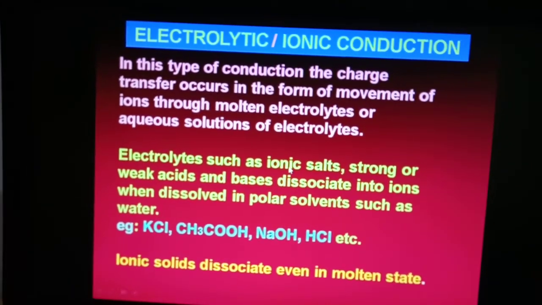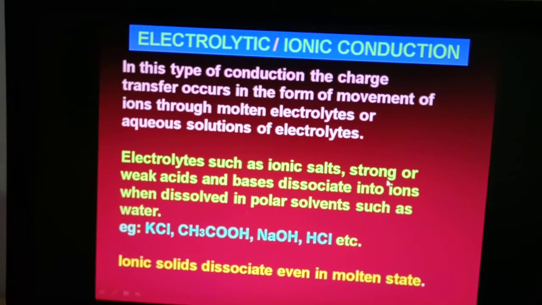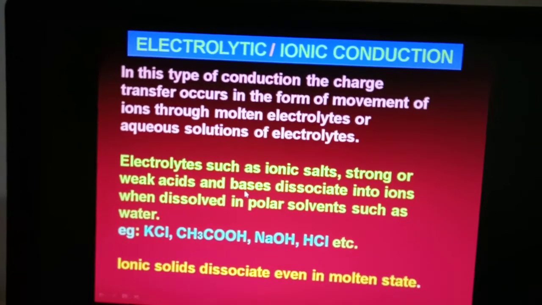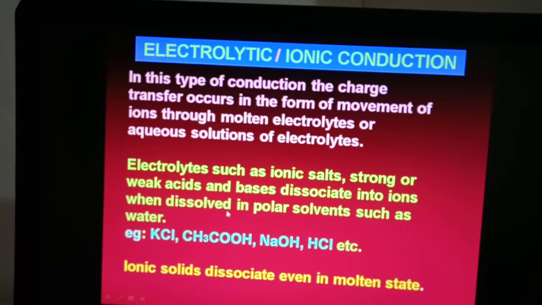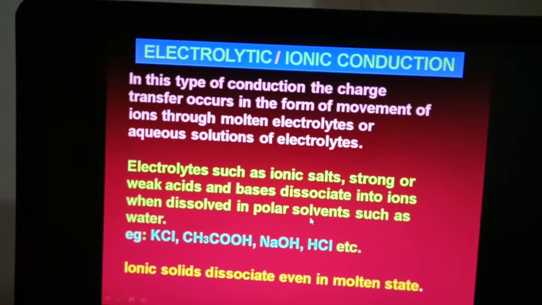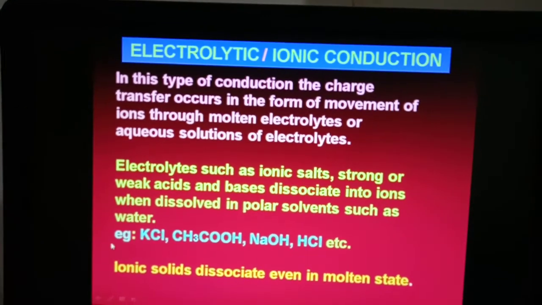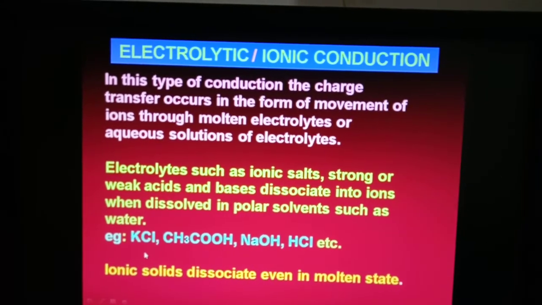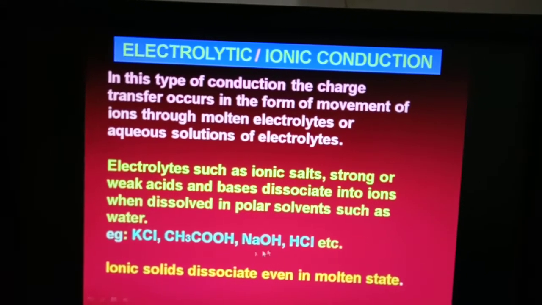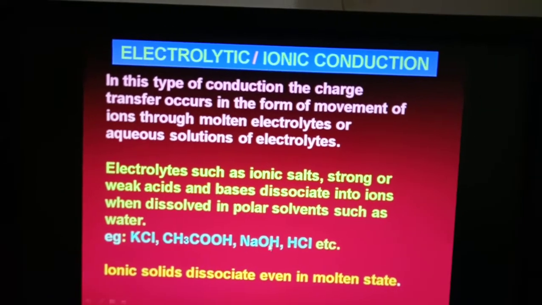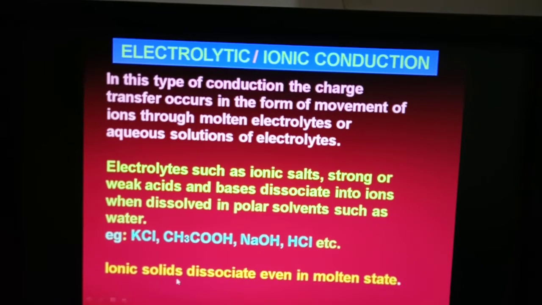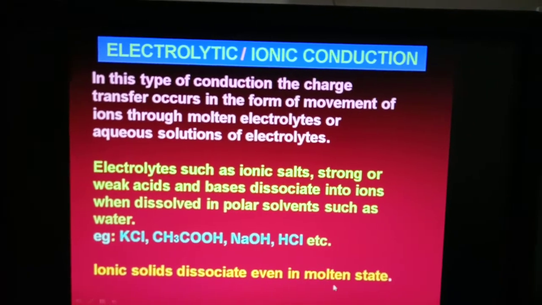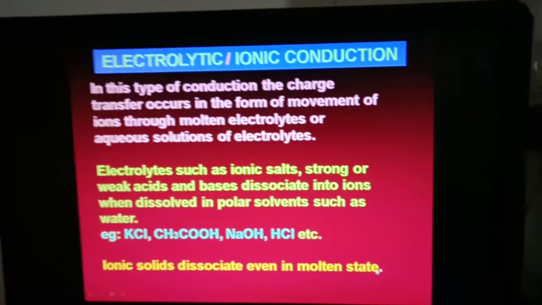Electrolytes such as ionic salts, strong or weak acids and bases dissociate into ions when dissolved in polar solvents such as water. Example, KCl, acetic acid, sodium hydroxide, HCl, etc. Ionic solids dissociate even in molten state.